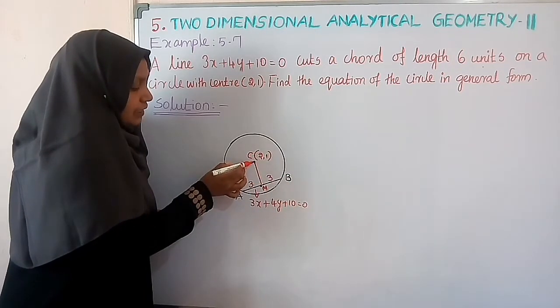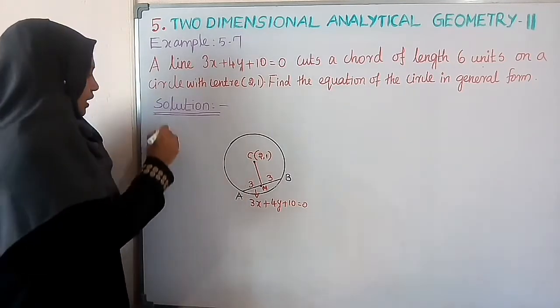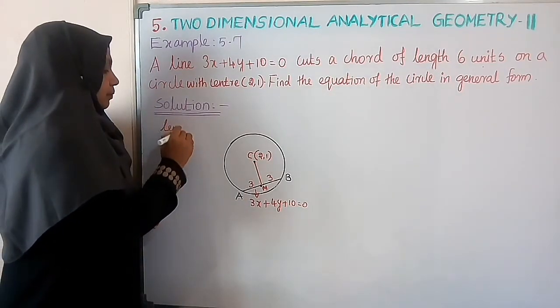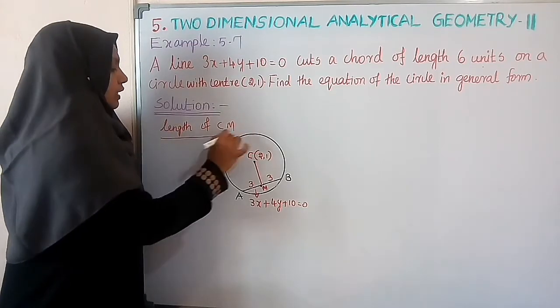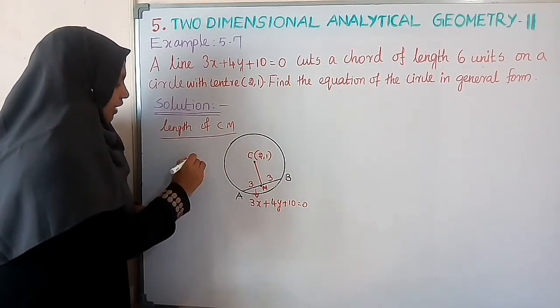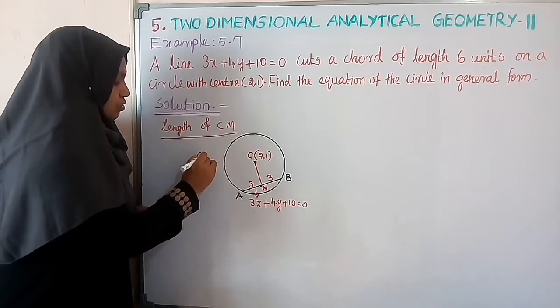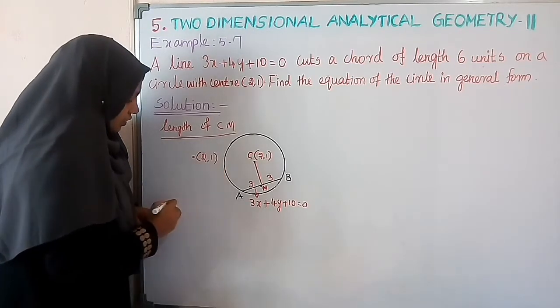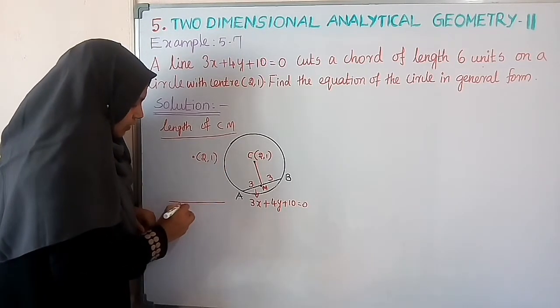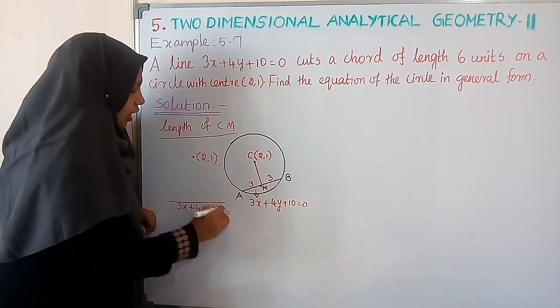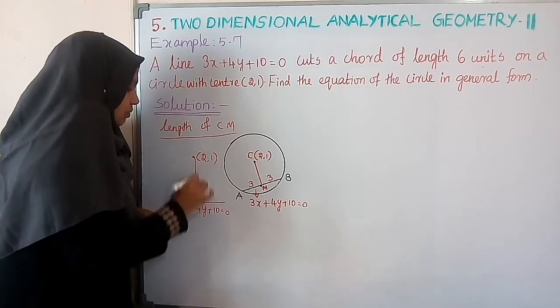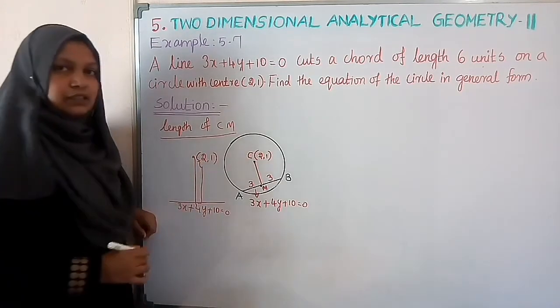Now we are going to find the length of CM. Length of CM. How will you get the length of CM? We have the point C as 2, 1 and the chord 3x plus 4y plus 10 is equal to 0. How will you find the perpendicular distance from a point to this line?